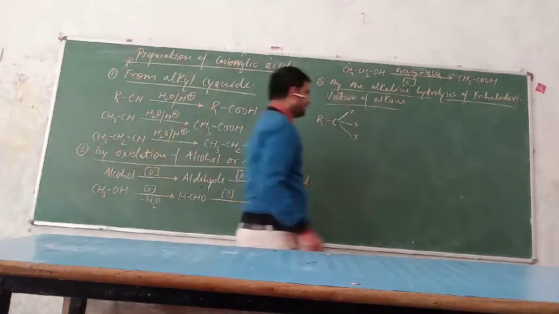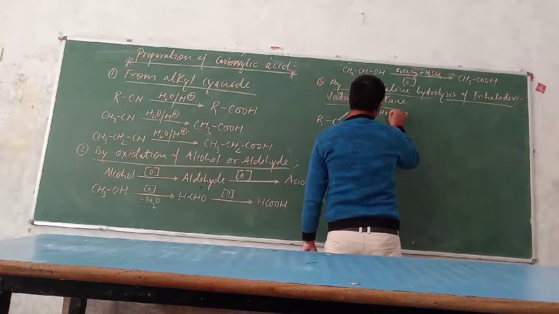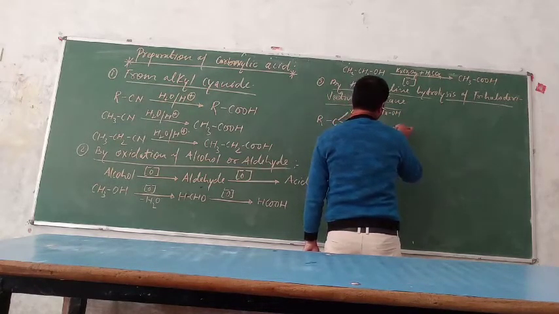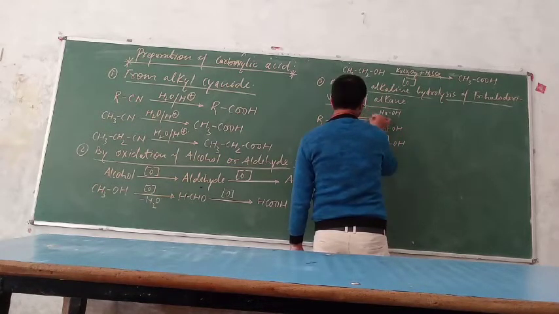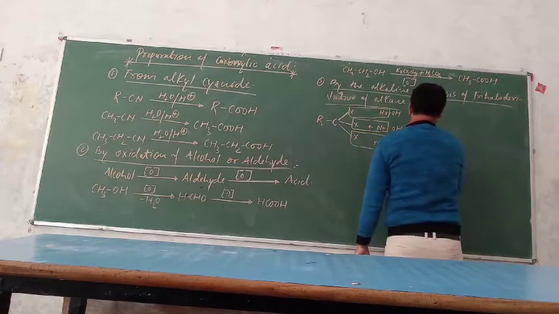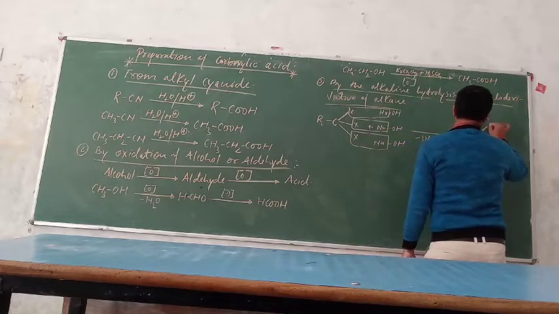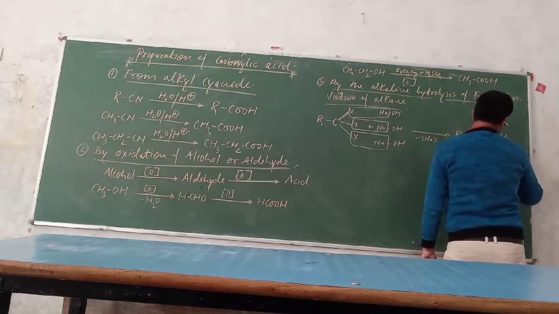Clear? And when this compound is treated with sodium hydroxide, that is NaOH, then three OH groups will join this compound. After the removal of 3NaX, we get RC(OH)3.